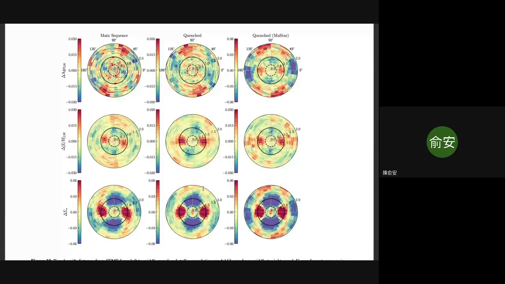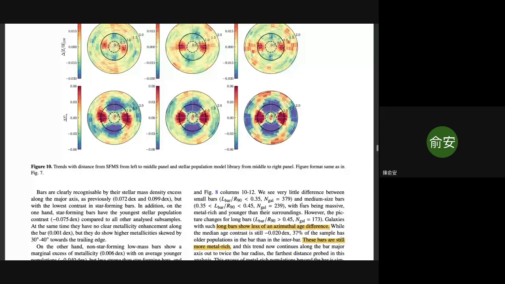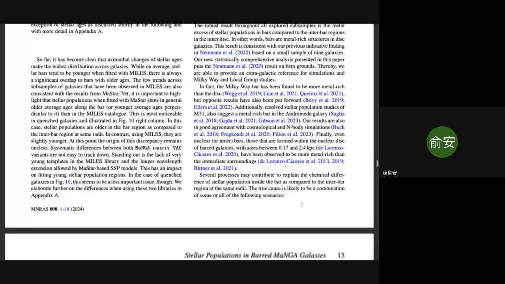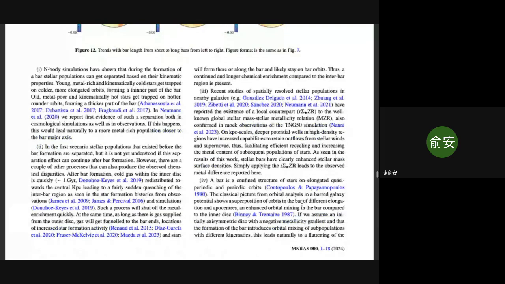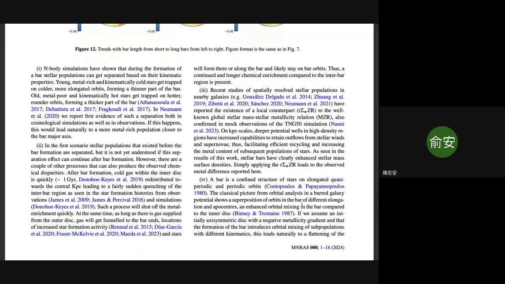By using MaNGA survey data, they can constrain the more local conditions in a bar, in terms of the stellar mass density. By doing so, it may help with more research on star formation within this region. And also, in the discussion, they discussed how the stellar population in the bars might migrate.